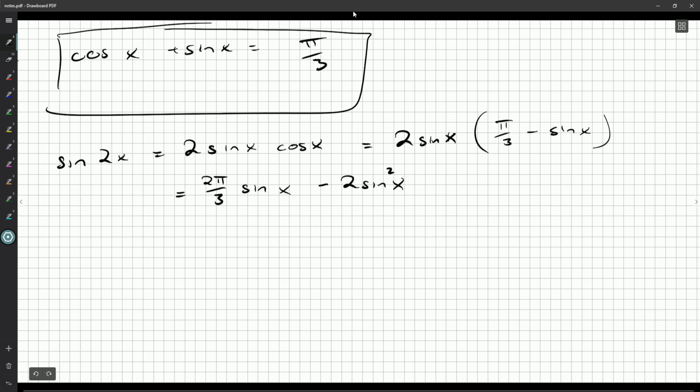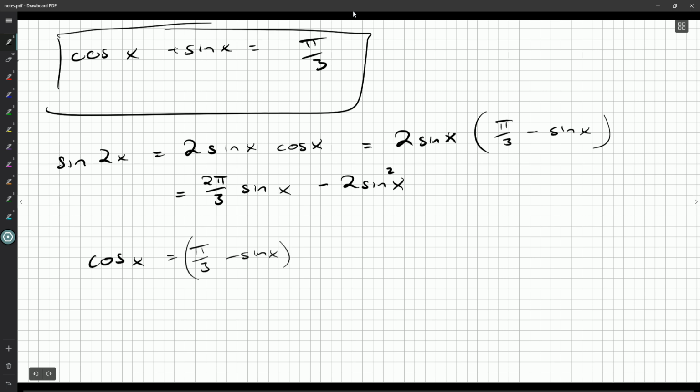Okay, so cos and sine add to pi/3. Now, what if I changed it so cos x is pi by 3 minus sine x.